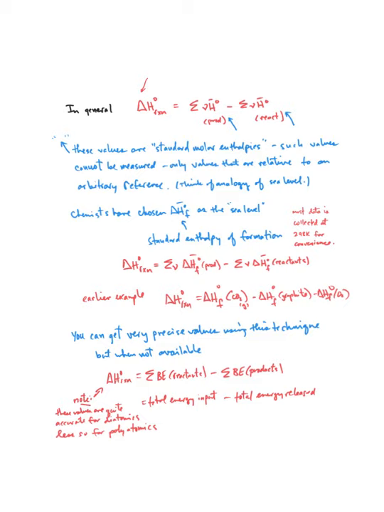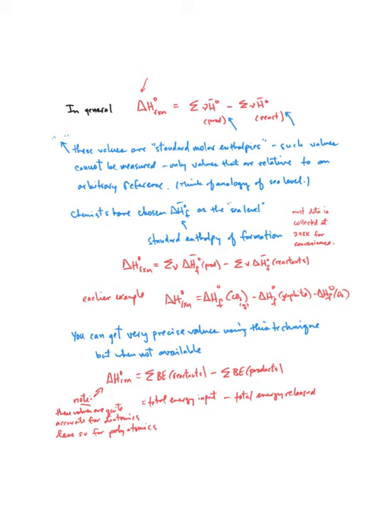Only values that are relative to an arbitrary reference. I like the analogy they use here of sea level. We talk about maybe the elevation of Mount Everest compared to sea level, where sea level is 0 elevation. Chemists have chosen standard heats of formation as the sea level.